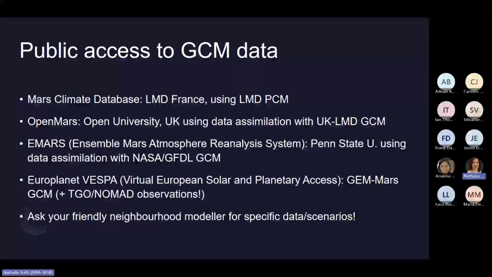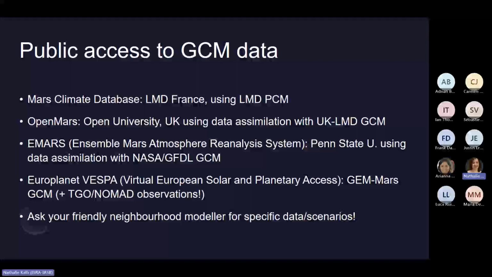Just a note about public access to GCM data. If you don't know about the Mars Climate Database, you should. It's very easy to use and very, very useful. There is also an open GCM. It's basically data assimilation from the UK, Open Mars.